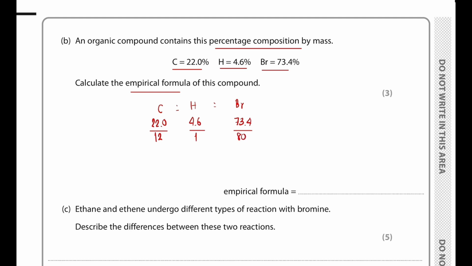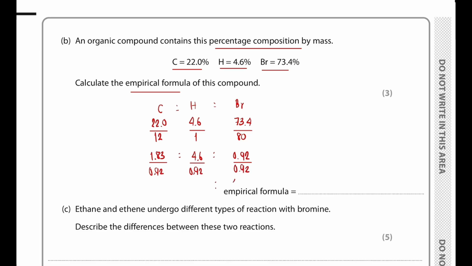So this one is 1.83, this one 4.6, and the last one is 0.92. In this case, 0.92 is the least number, so I will divide all the terms by 0.92.